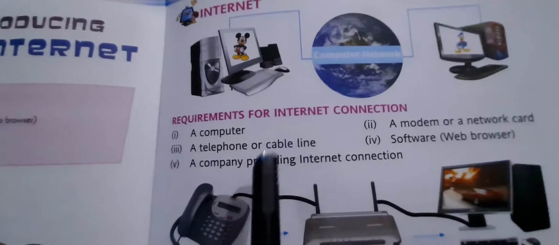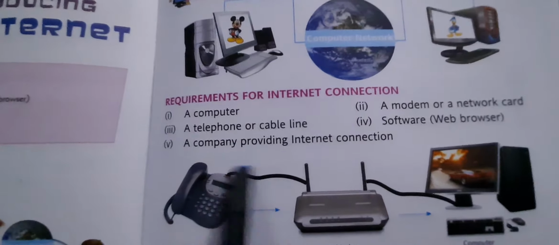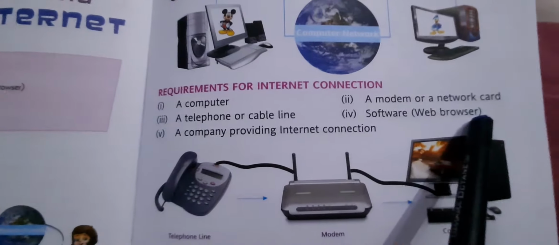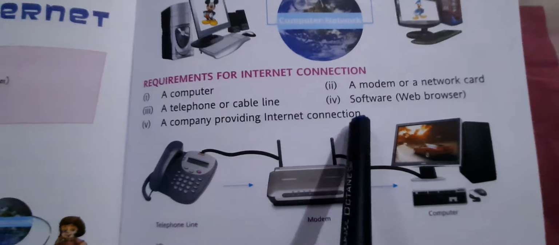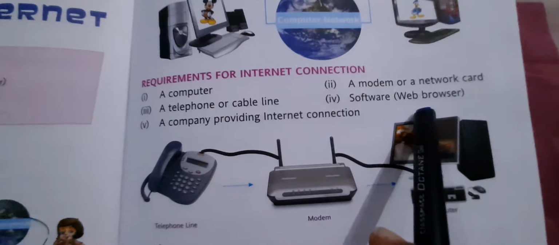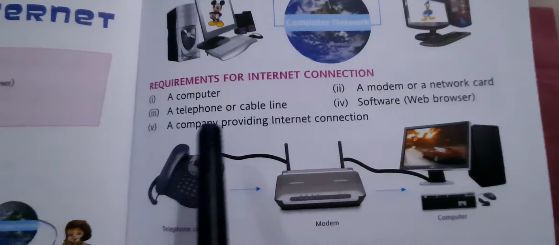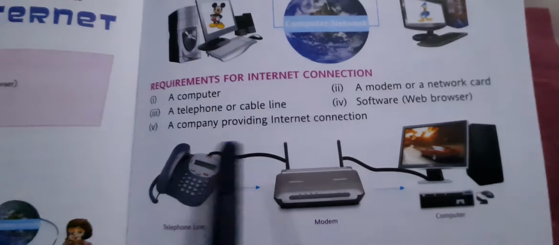Now, requirements for an internet connection. A computer. We know that we need a computer. Then a modem or a network card, a telephone or cable line, software or web browser, and a company providing internet connection. Please note that these requirements are related to the computer system.